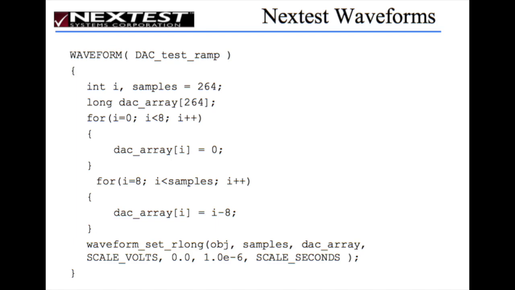And then waveform set R long object, samples, DAC array. So there, I just created a waveform, and I put it into a waveform for the Nextest. So that's really beautiful. So that's the kind of thing you could do on a Nextest. And, you know, that is DSP. That's what I'm talking about.